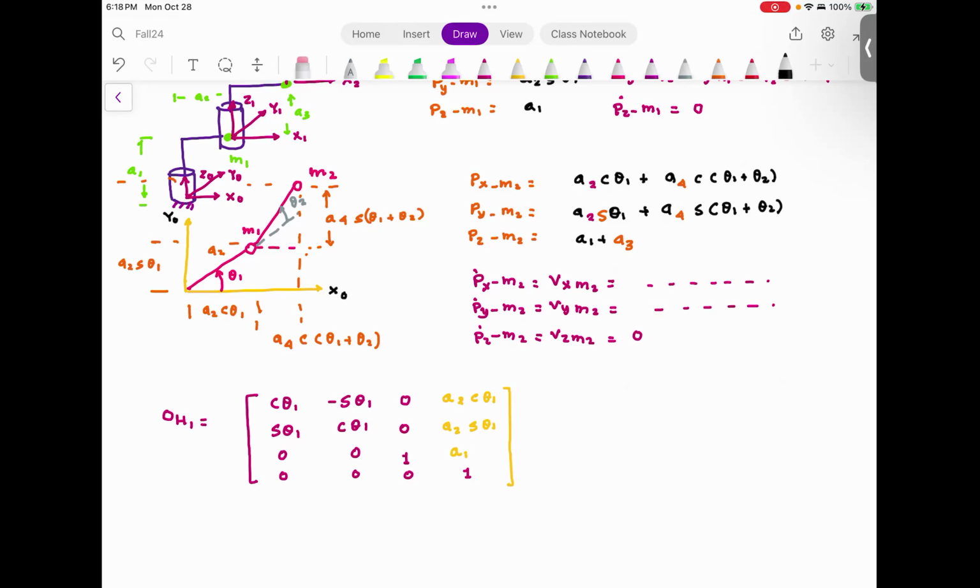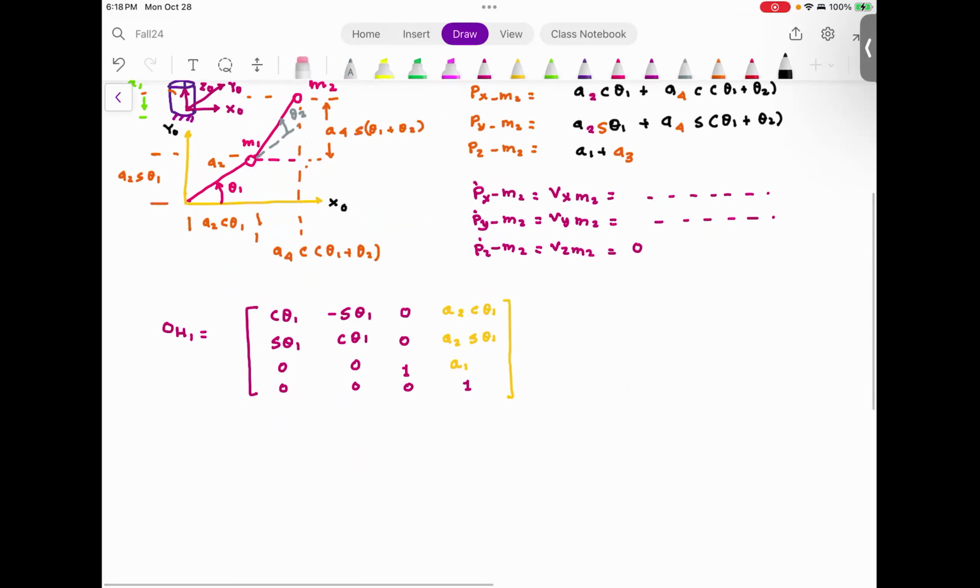Now the next part is you are going to have 1H2, and 1H2 would have the same form. I don't have to worry about the projection matrix because, note, coordinate frames are aligned, and we derived this. Remember, some time ago we derived all these equations.